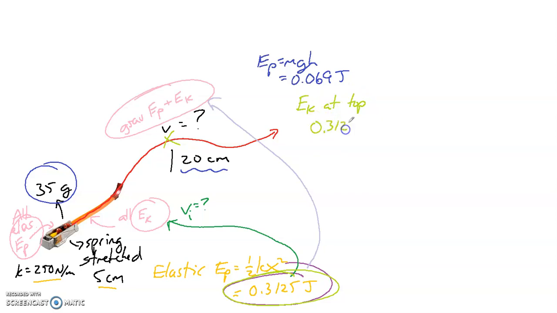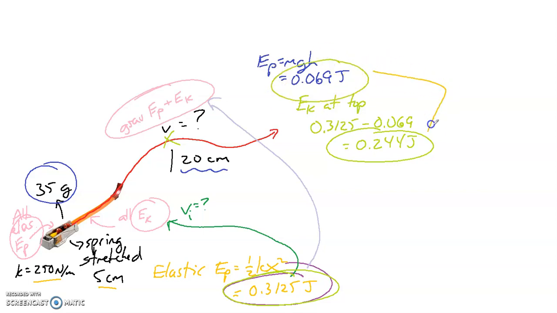With 0.3125, take away the 0.069, that leaves us with 0.244 joules of kinetic energy at the top of the loop. And of course, those two put together combine to give me my 0.3125 joules, so my total energy won't change.